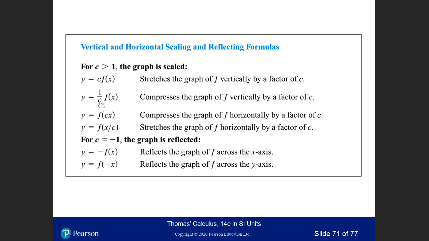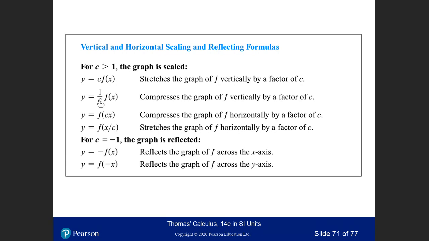If you multiply by 1 over c, c is greater than 1, so y is less than the value of x now. Multiplying by 1 over c compresses vertically. So multiplying f of x with c, where c is greater than 1, stretches vertically by a factor of c.